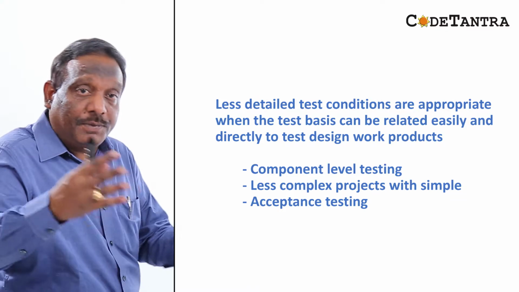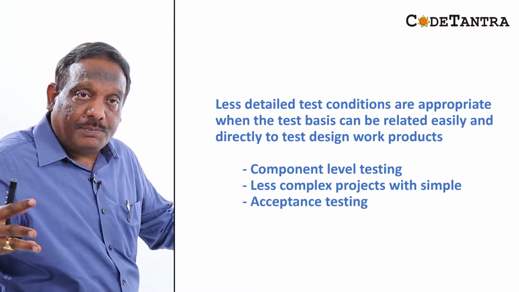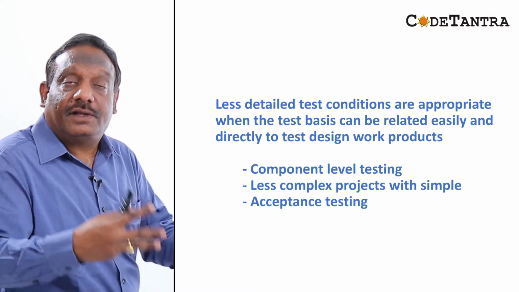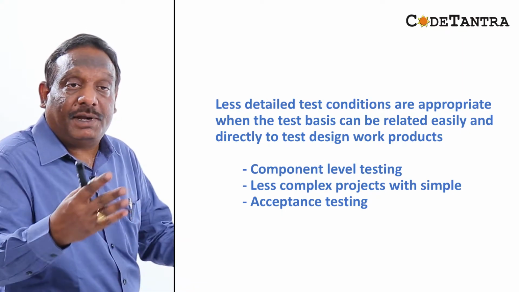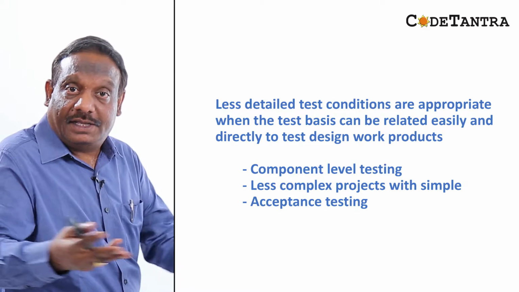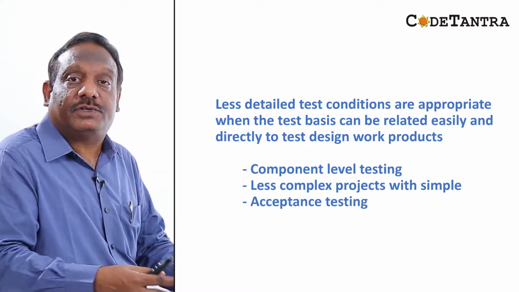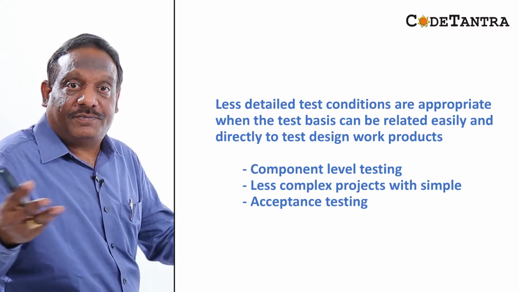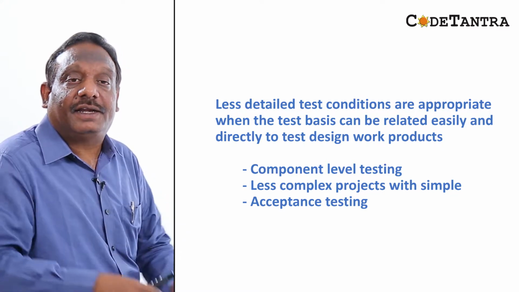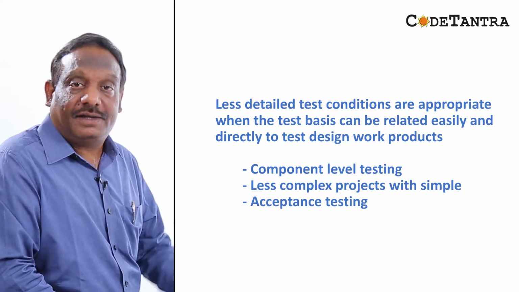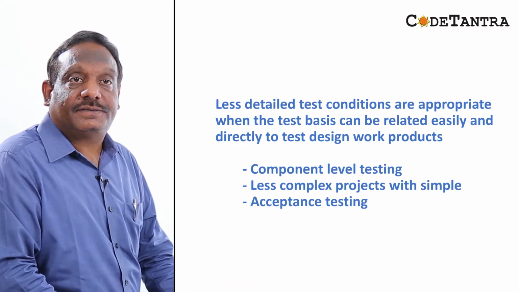In agile, simple kind of projects where all people are working together, then less detailed test conditions are appropriate, especially from a level of testing, component level of testing. Less complex projects with simple kind of information, then it can be used. And acceptance testing is also, we can use less detailed kind of conditions.